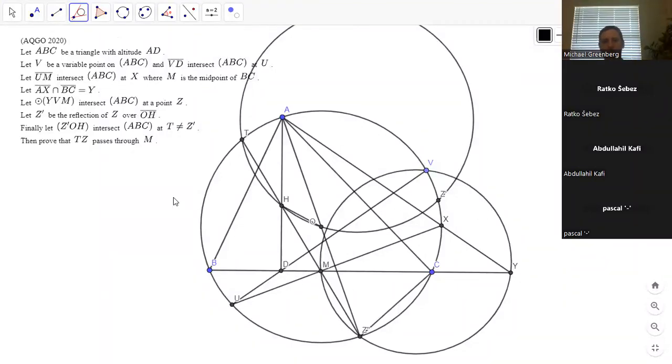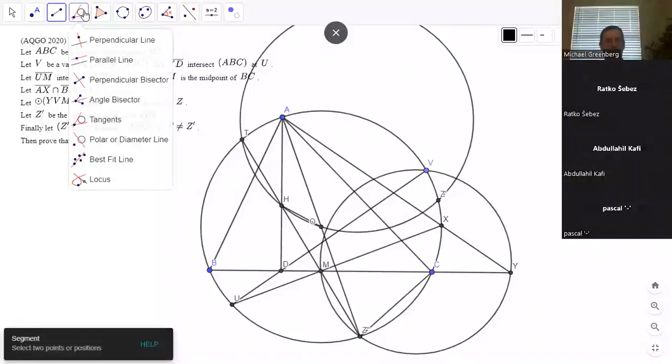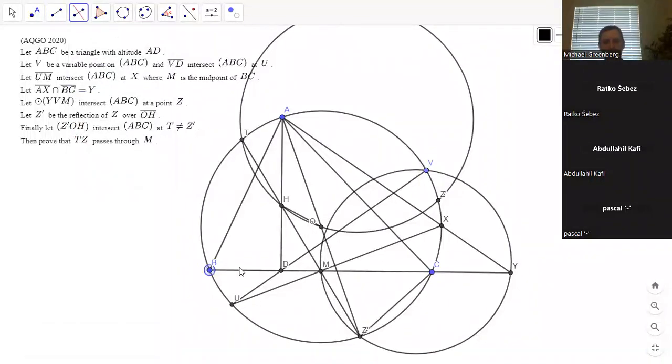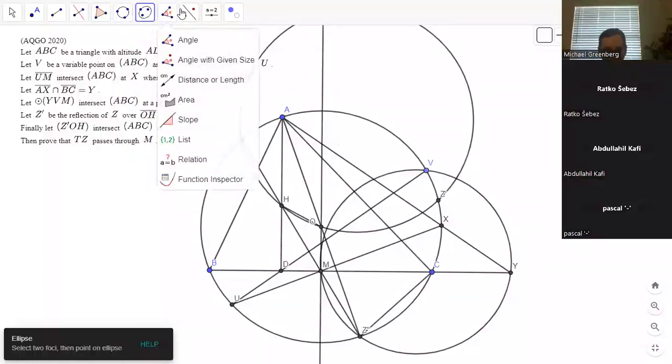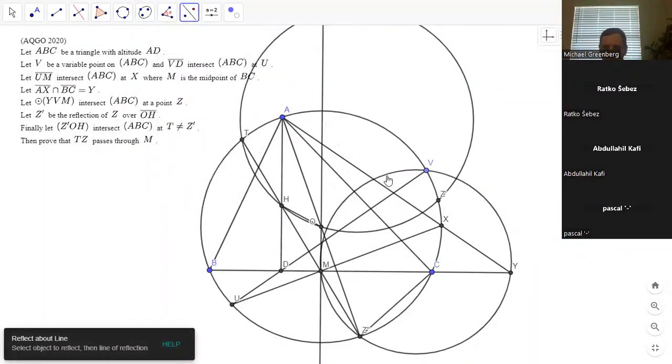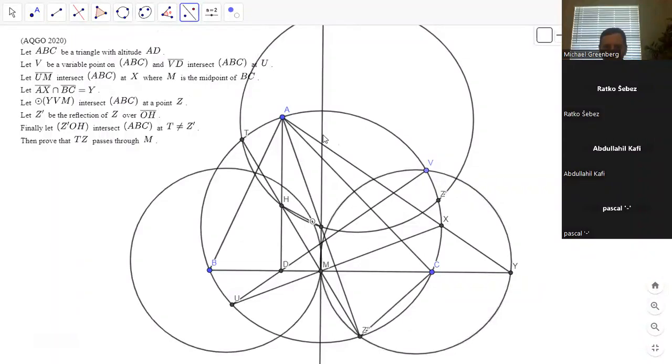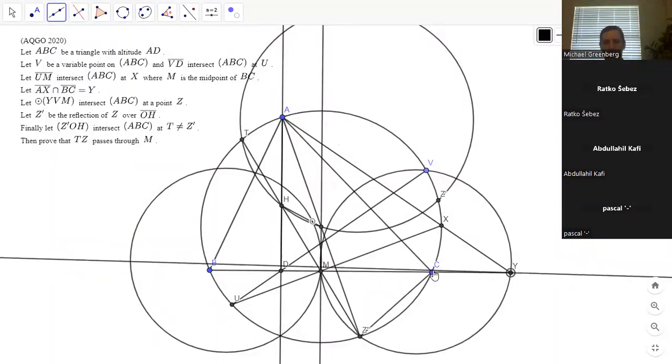Maybe we could reflect this circle over the perpendicular bisector of BC, because then it would pass through the foot of the perpendicular. So what happens if I try that? So I reflect it. It's going to then pass through this. But I don't know where Y would go. That's the thing.